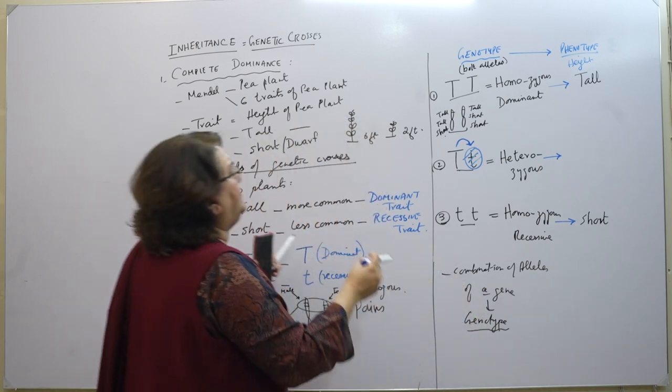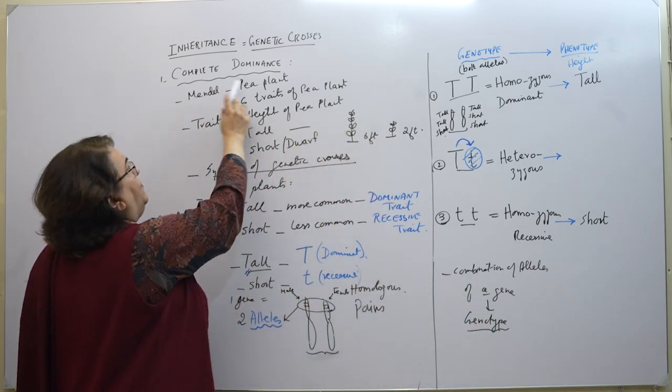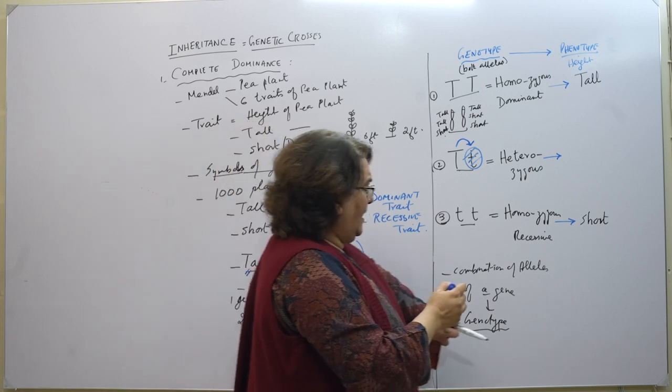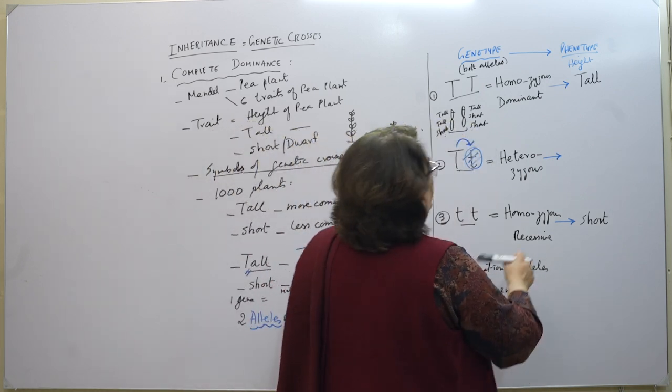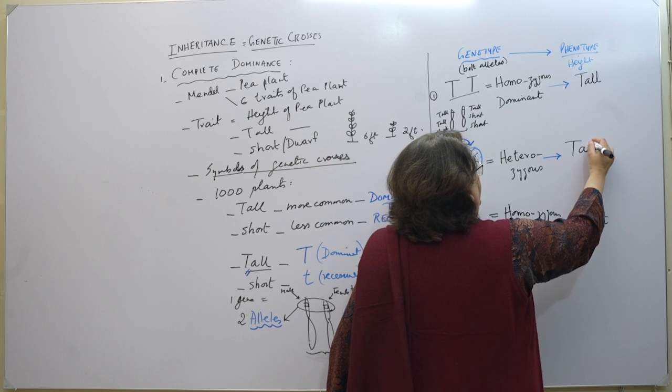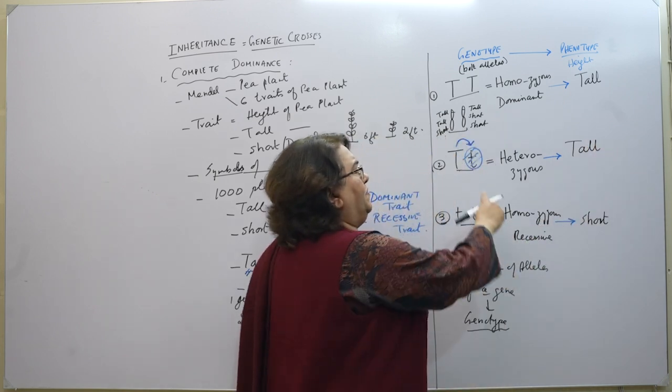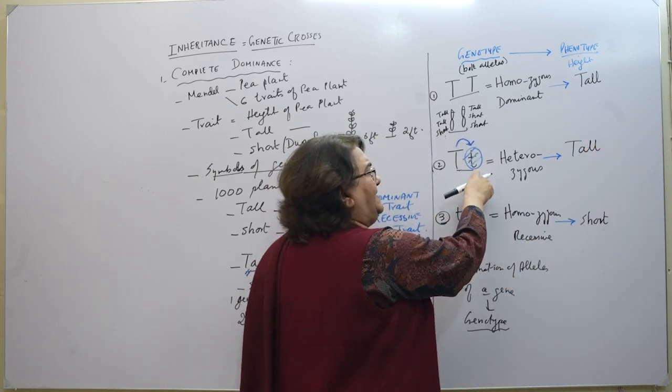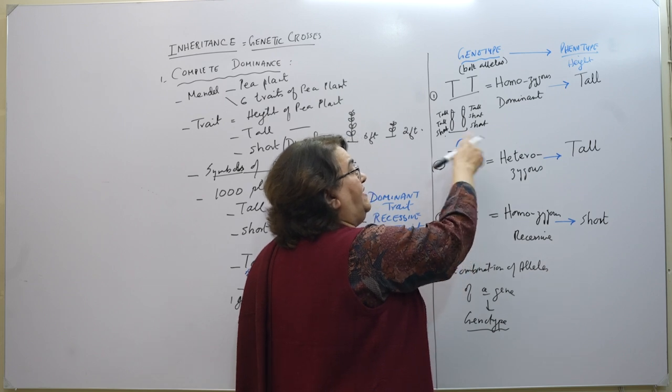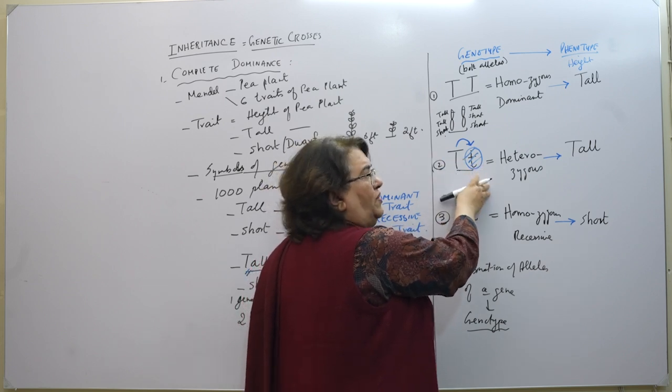Hence the title of complete dominance. So the height of the plant now will be tall only. Why? Because the recessive allele is recessive against the dominating one. This dominates the small t, right?